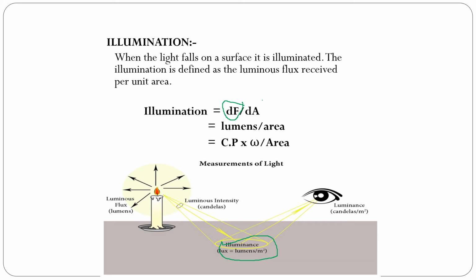Flux on area. Lumens, flux which is denoted by lumens, its unit is lumen, per area. So what is lumen? As we said earlier, Cp into omega. So Cp into omega, solid angle, by area.